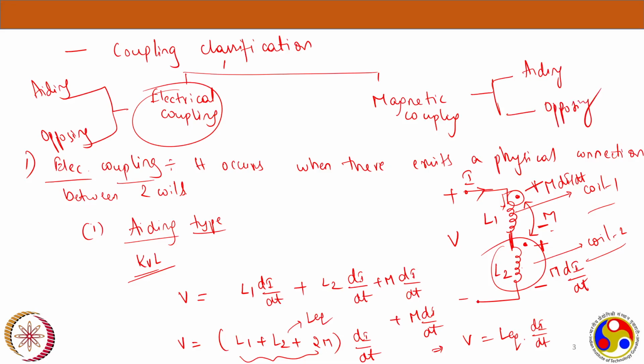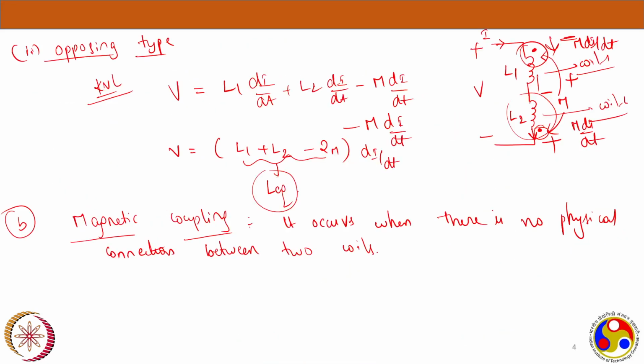We saw how aiding works and how opposing works, and based on the electrical connections and magnetic coupling circuits, we solved the KVL equations, and we saw how an aiding type equation would look like and how an opposing type equation would look like.